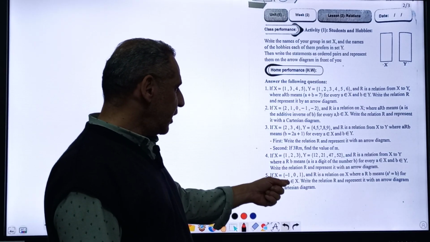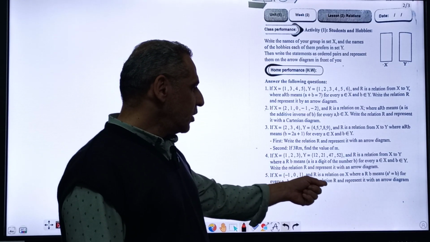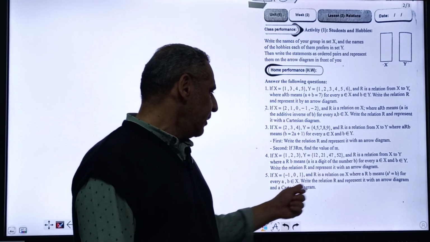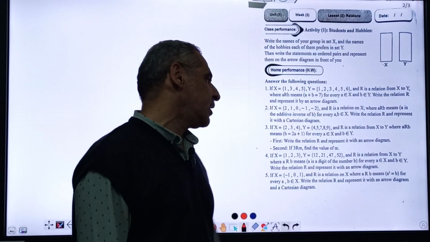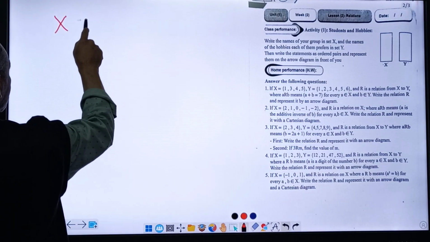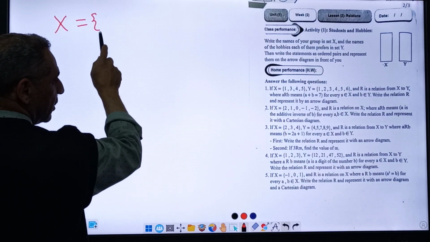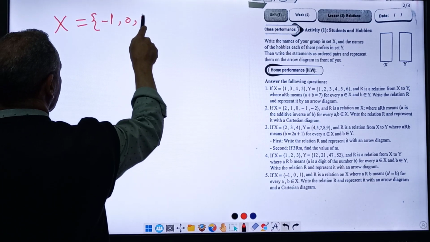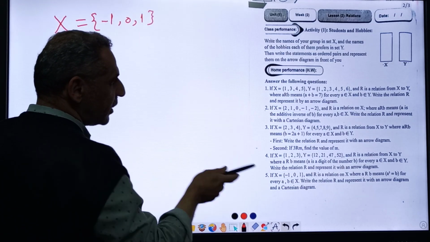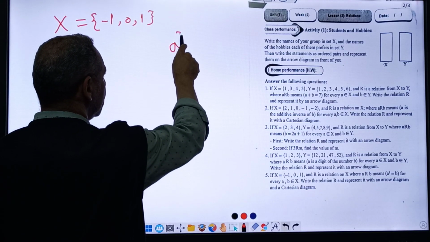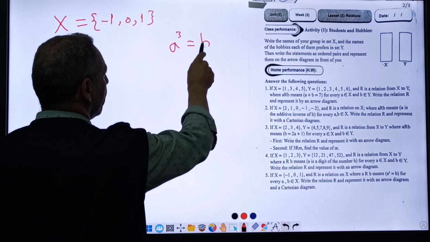For every a and b belongs to X, write R and represent it with an arrow diagram and a Cartesian diagram. عندي ال X set of element negative 1, 0 and 1 وعندي الريليشن a R b means a power 3 equals b.